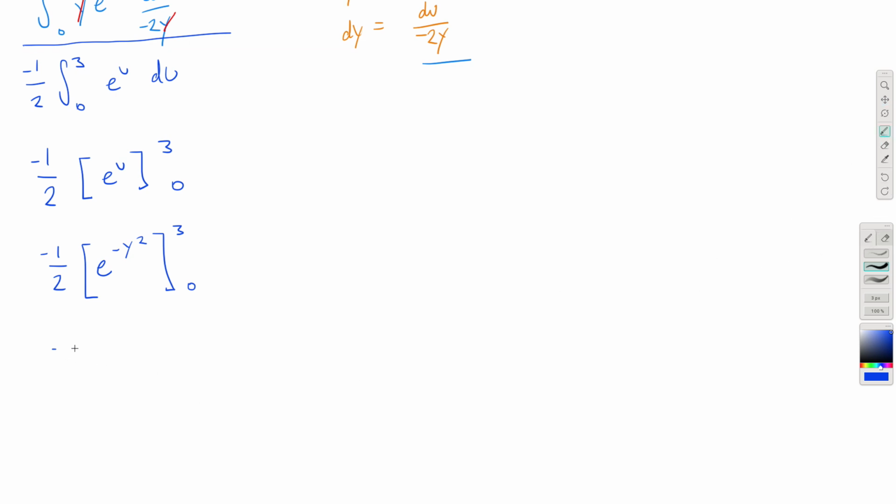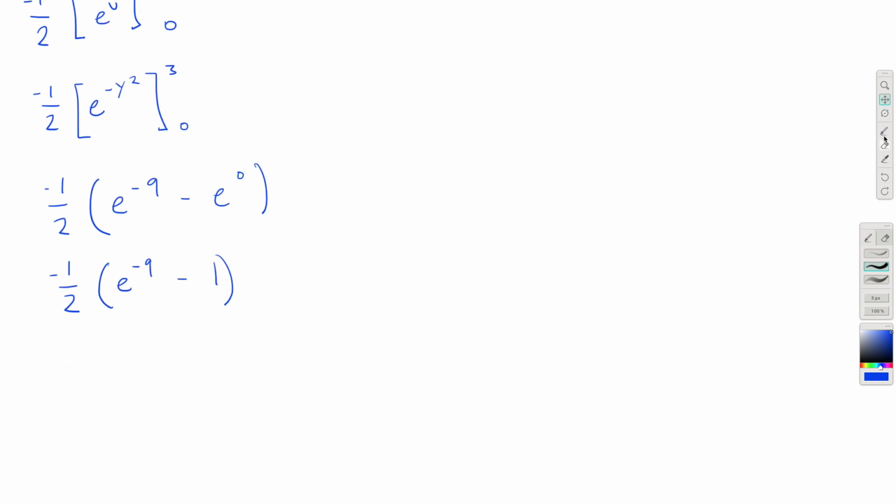So we're going to get negative 1/2 e to the negative 9 minus e to the 0, which equals negative 1/2 e to the negative 9 minus 1.